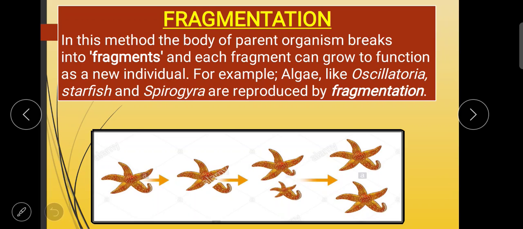Examples are algae, oscillatoria, and the starfish is also there. Children, you can see this diagram. A part of the starfish has been fragmented, cut off. The new part grows there and a new starfish grows from this part. In this manner the fragmentation process works.